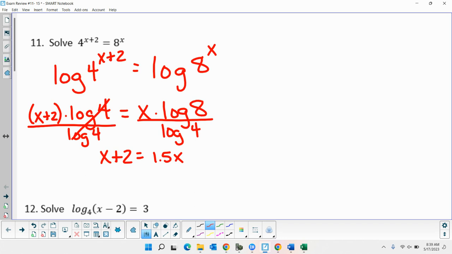So now those exponents are on the normal level, not in the exponent level anymore, and I can solve for x. So what do I do with the x on the left? Subtract it over, right? So what's 1.5x minus 1x? 0.5x. Right.